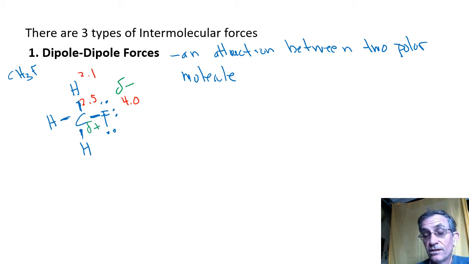So yes, this molecule is polar. It has a polar bond. And the other requirement, remember, was a lone pair on the middle atom, or different atoms attached to the middle atom. We have different atoms attached to the middle atom, so that's why it's polar. Polar bond and different atoms attached to the middle atom. So that's a polar molecule.